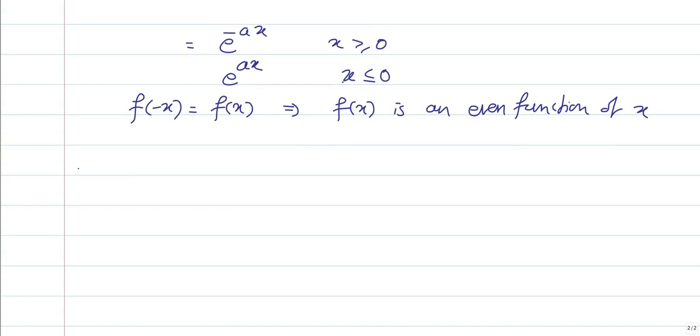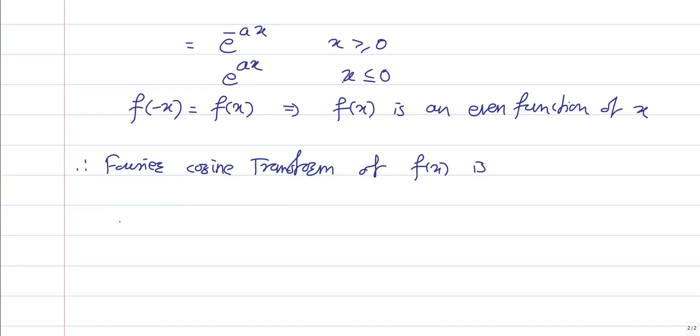So for that we have to find its Fourier cosine transform. Therefore the Fourier cosine transform of f of x, which we call fc of lambda, is equal to the integration of f of u.